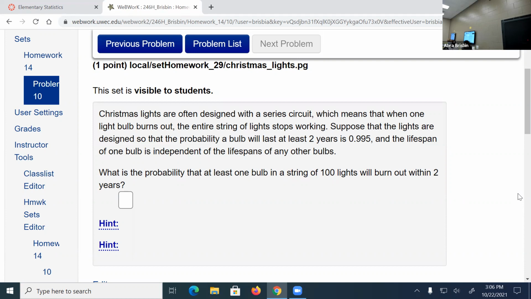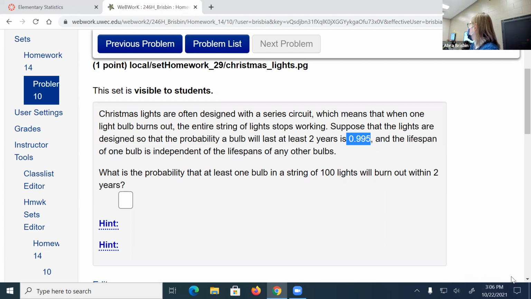Now we need to pay attention to what X represents. X is the number of bulbs that burn out. And if you look at the problem, we were told the probability that it lasts at least 2 years is 0.995.